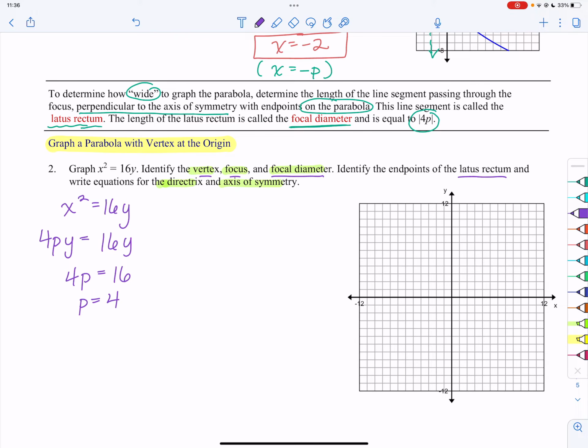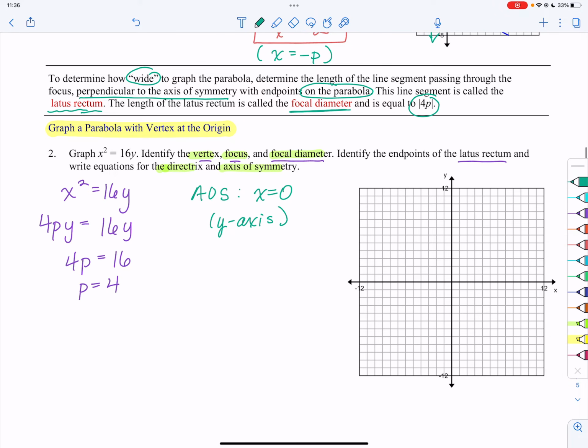Since we have x squared, we have the y-axis as our axis of symmetry. Let me write that in a different color. Our axis of symmetry is going to be x equal to 0, since that is the y-axis.